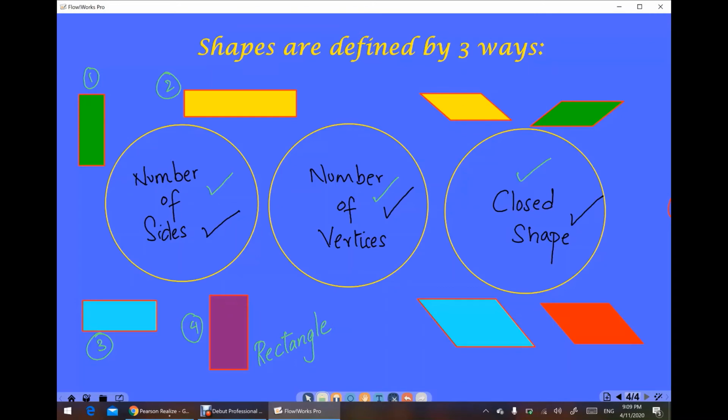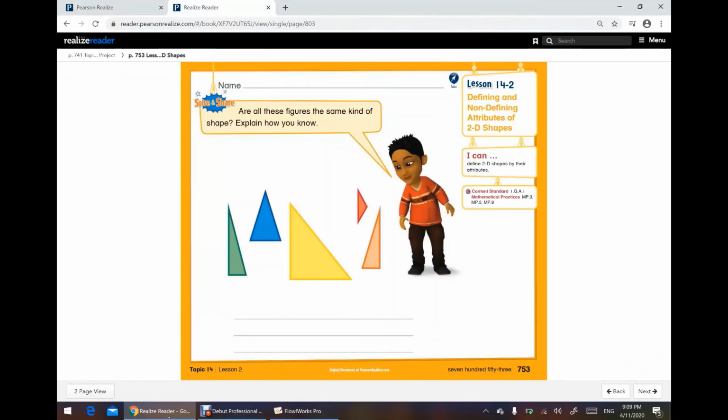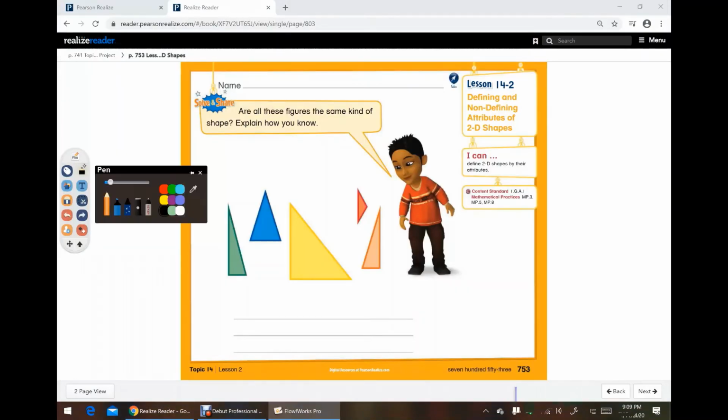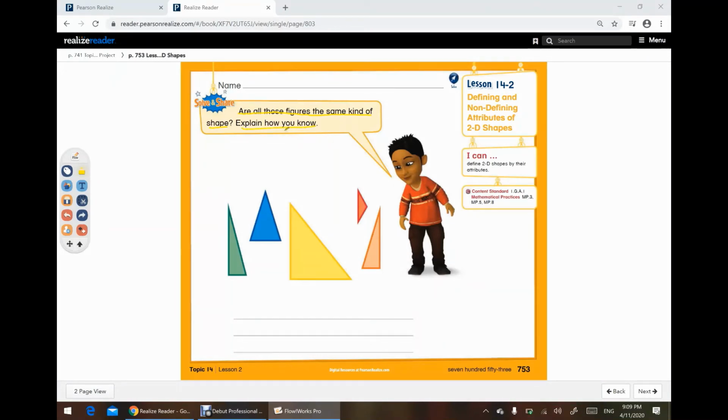Now, open your book, page number 753, and let's begin with the lesson. Now, I will read the question for you here. Are all these figures the same kind of shape? Explain how you know. Now, I'll give you 1 minute. I want you to look at all the shapes over here.